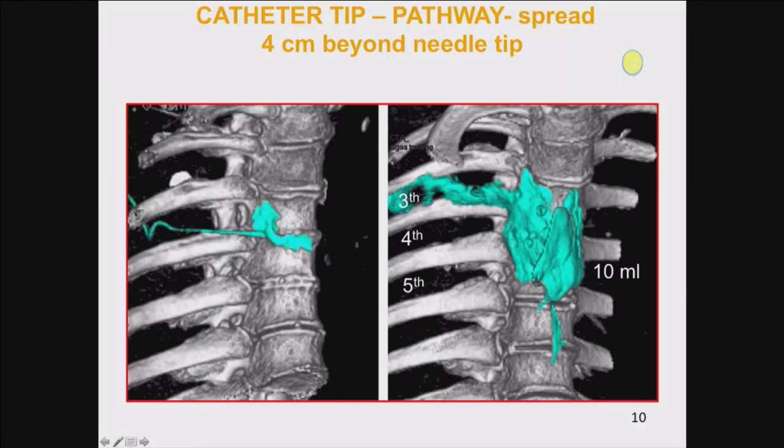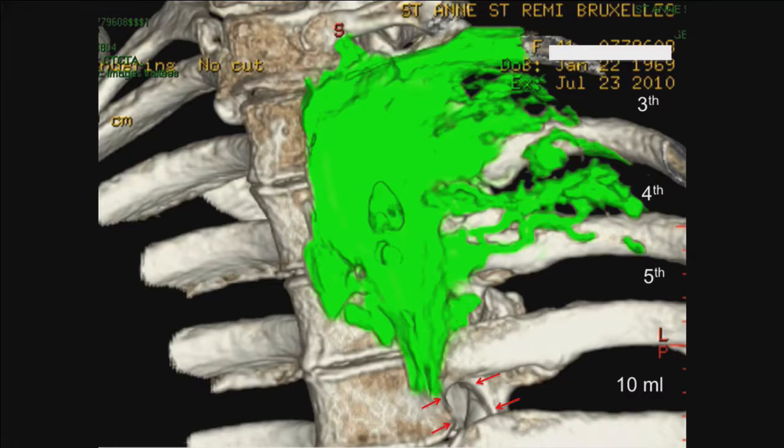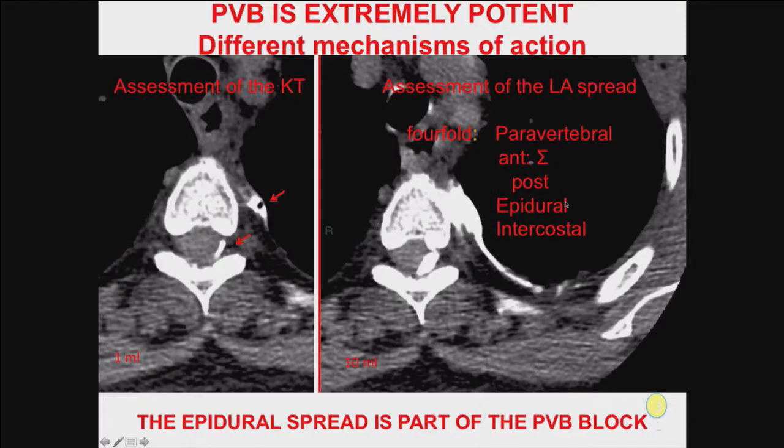One more case, not just to show you all the slides I have, but just to show you that you have always the same results. Still one foramen, one sympathetic chain that must be there, 1, 2, 3, 4 levels, and intercostal spread. Extremely potent.